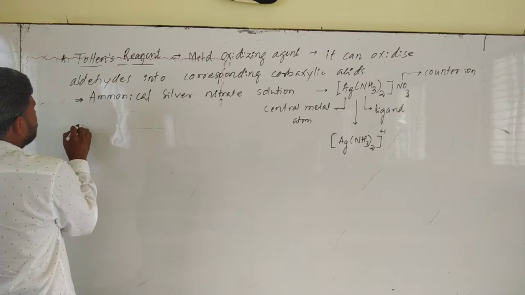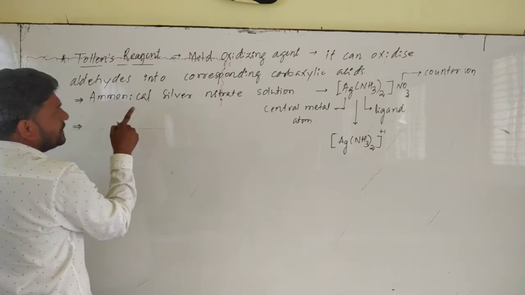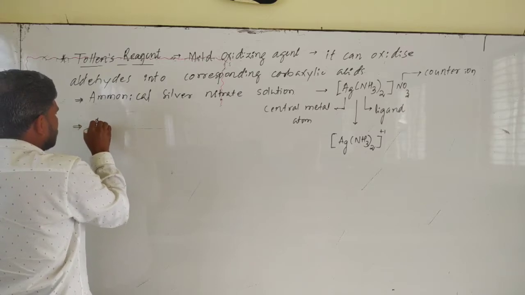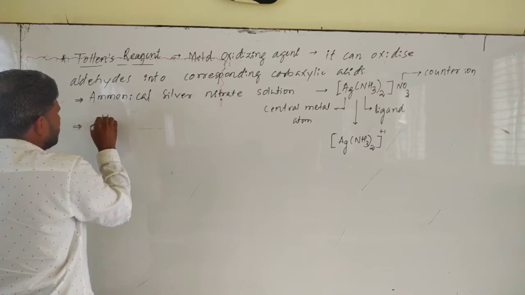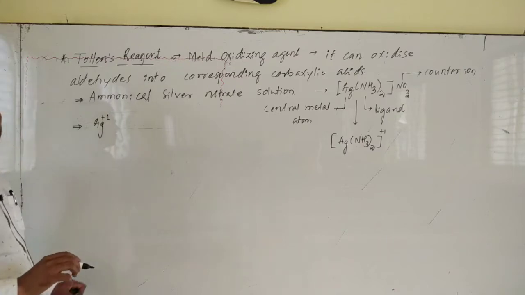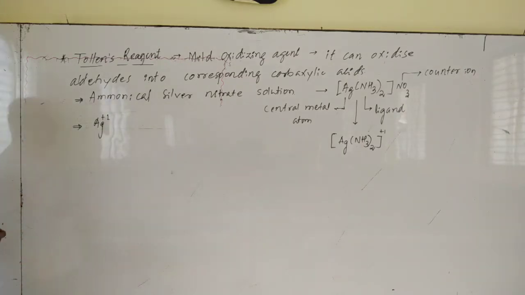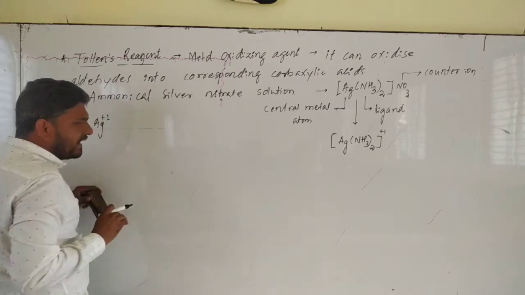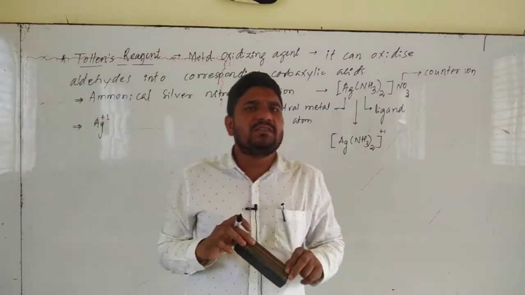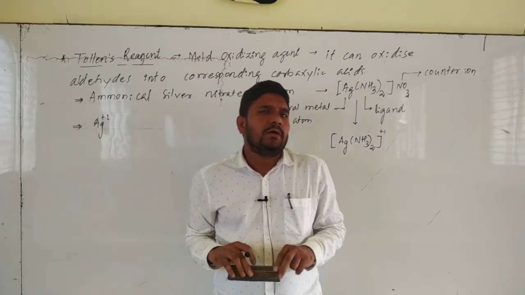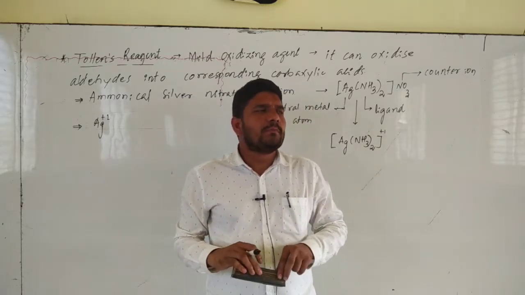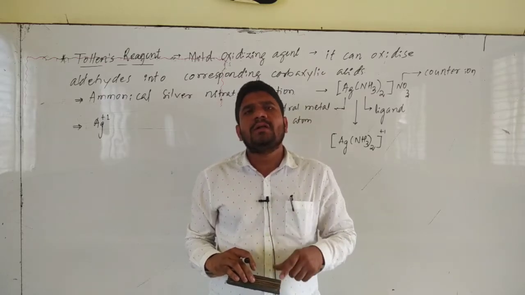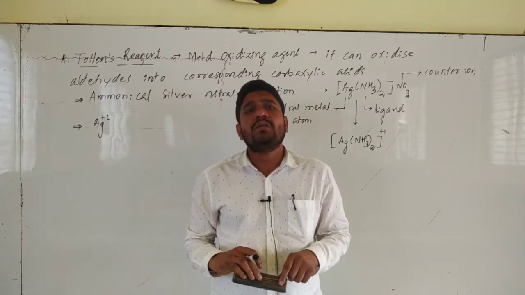Over here, the active species in this Tollens reagent is Ag+1. Silver is present in the +1 oxidation state. You know that silver always exists in elemental state, because silver ornaments won't react very easily.